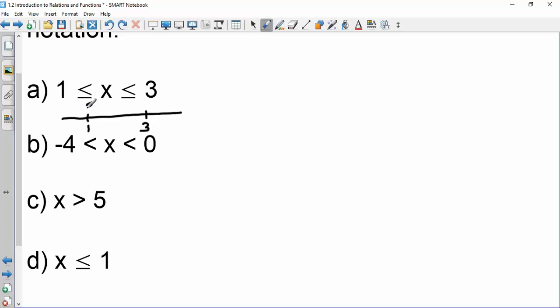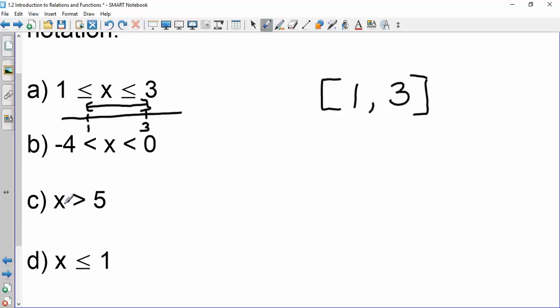I like to use one notation and stick with it. So for a closed circle, we'll use a square bracket. So this is saying it starts at 1 and ends at 3. So the interval notation, equal to means it gets a square bracket. You do your starting, comma, your ending, 1, 3. It has to go small to large, left to right. So you can't put 3, 1. Okay, order does matter here.